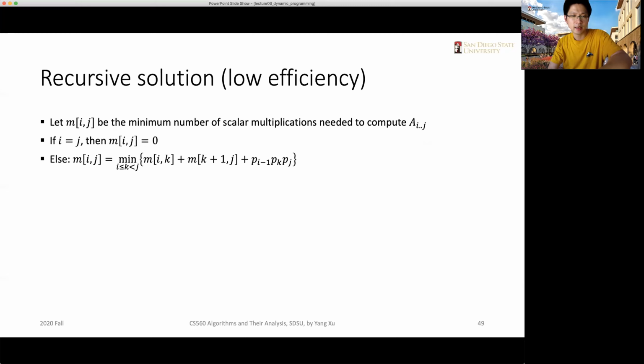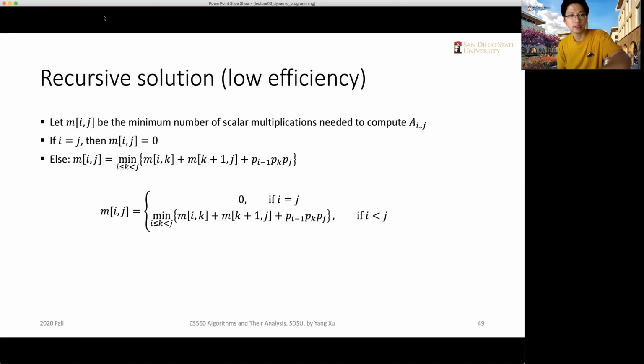This is basically the recurrence equation that we are using, right? So we use Mij to indicate the minimal number of multiplications for the subproblem from I to J.